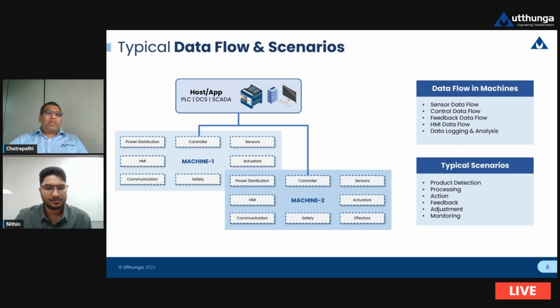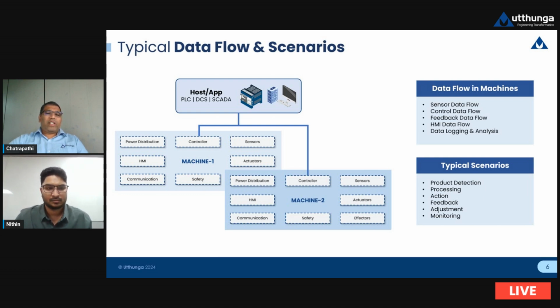Yeah. So we have looked at all the different components of a machine and basically what they do. And then the main and important aspect of this machine is the communication requirements, and how all these different components talk to each other.